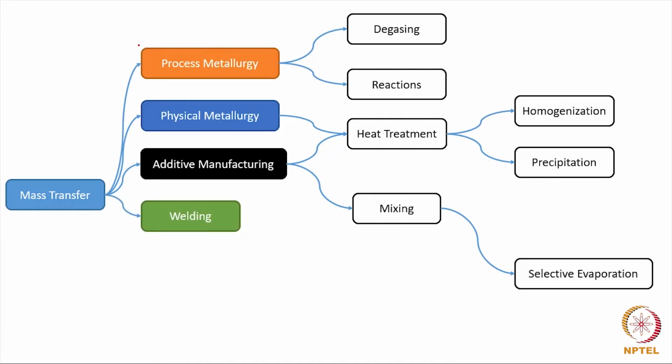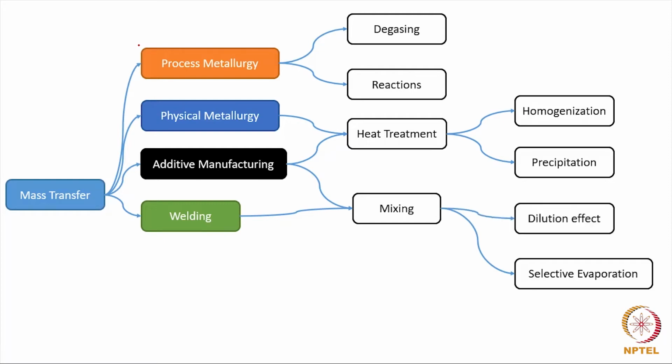During welding, which is a process from where additive manufacturing was born, the mixing is very important, because often we have the weld consumable different from the base material. So how would they mix in the weld pool? That would actually again be a mass transport problem.